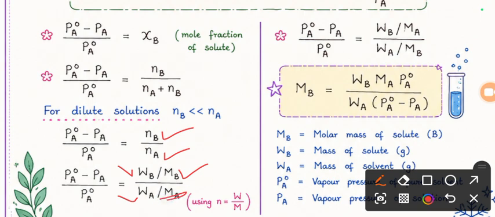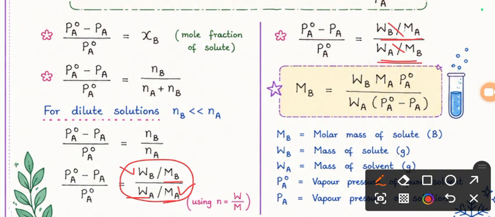Now we do cross multiplication, and we get WB into MA divided by WA into MB.